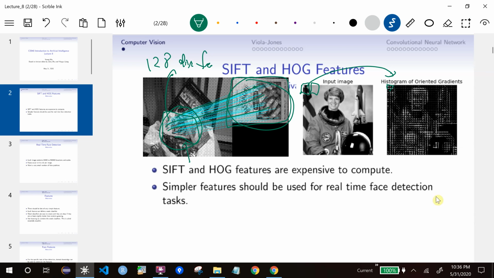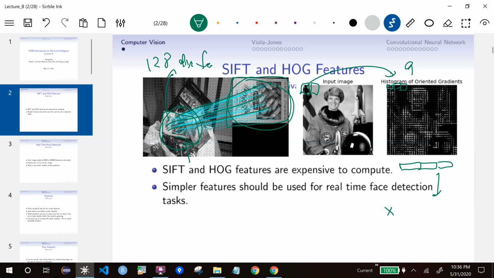HOG features are basically nine numbers, a 9-dimensional feature for each small region, representing the magnitude of the gradient in these 9 directions in this region. If we repeat this for all the regions on this image, then we can combine them, the first 9, second 9, and so on. And that would be our vector x.